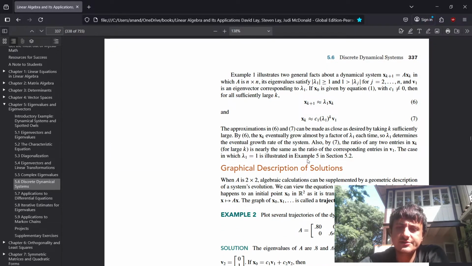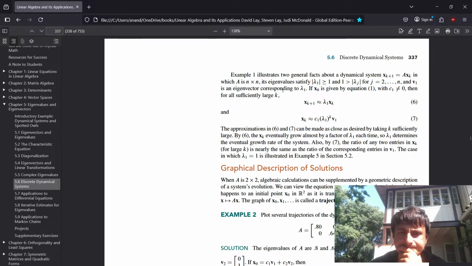Example 1 illustrates 2 general facts about a dynamical system in which A is n by n, its eigenvalues satisfy |λ1| ≥ 1, and for all the others, the absolute value is between -1 and 1.